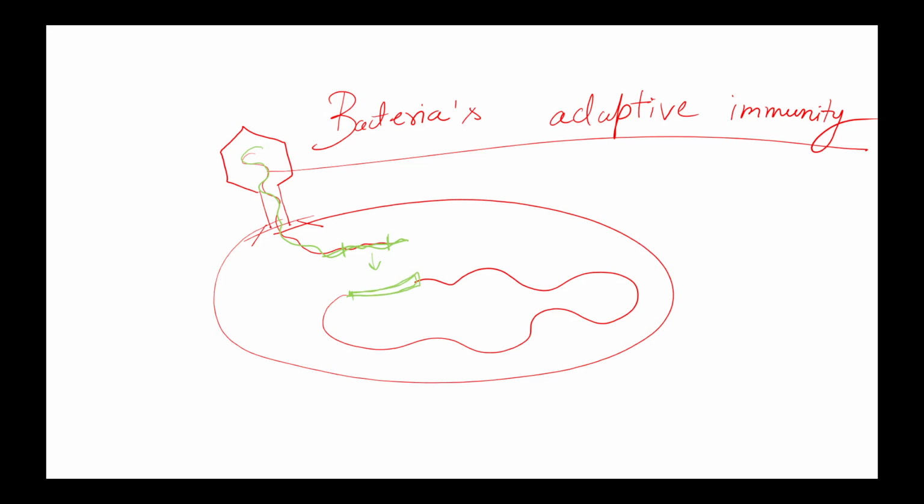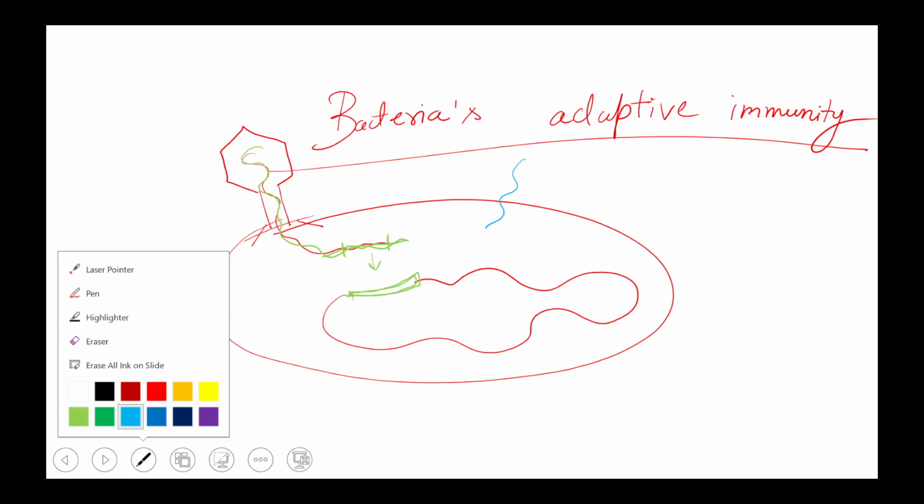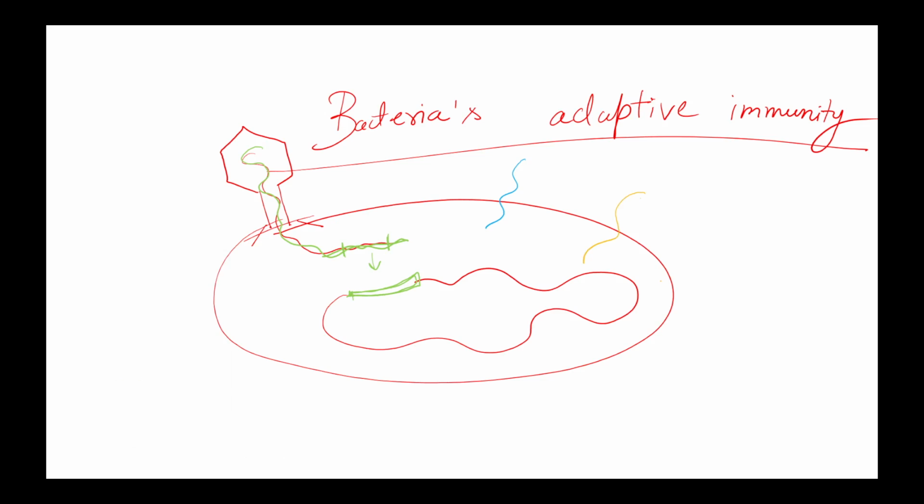That chunk of DNA is then used by the bacteria's machinery to prevent infection caused by the same virus again. Similarly, some other virus introduces some other DNA, and some chunk of that gets incorporated in the bacterial genome.